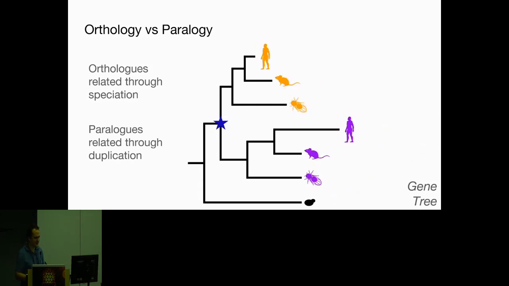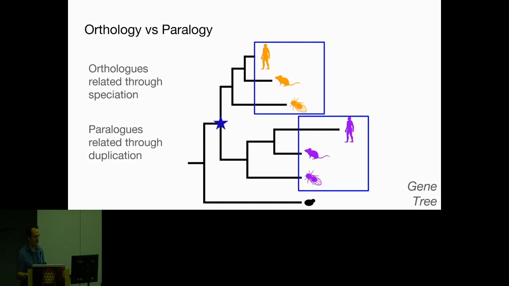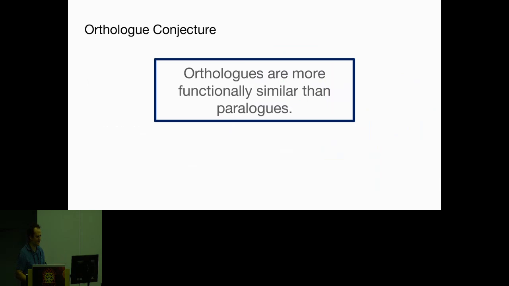So we can color the gene tree and say these are groups of genes, and within the gene set, genes are orthologous, so we expect them to be more functionally related. Between the gene sets, we don't know which one is the functional correspondent. As was previously discussed, the ortholog conjecture has been something of much debate, and hopefully not too much continuing debate.